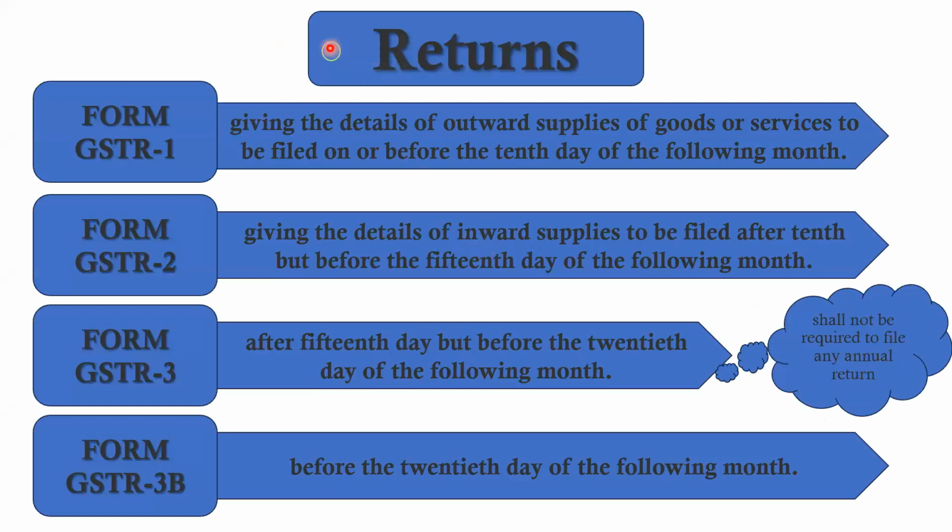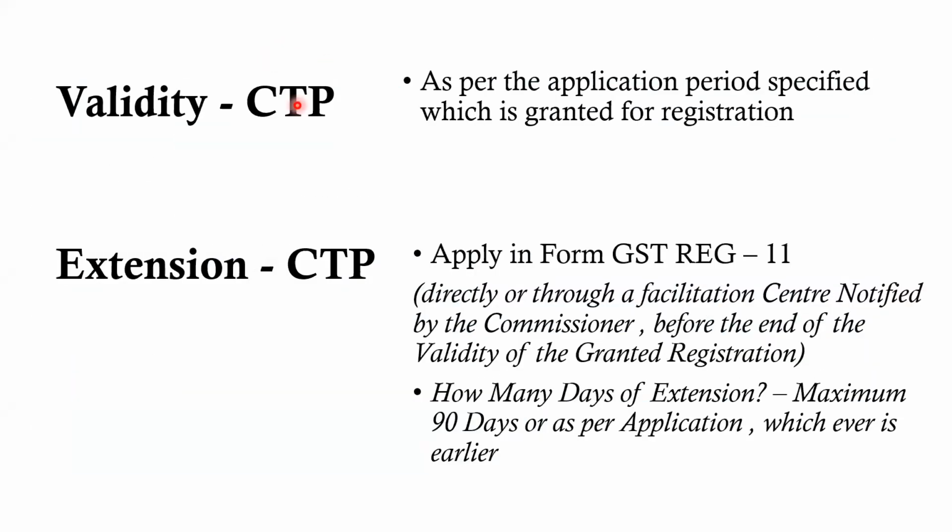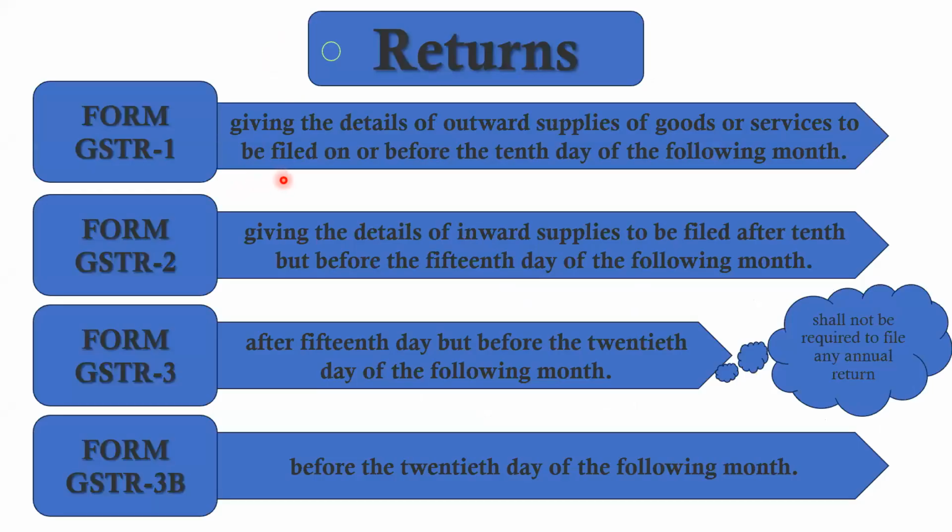So now regarding the returns, we will be discussing the returns for the casual taxable person here itself. Form 1, your GSTR-1, gives the details of the outward supplies of goods or services, which is to be filed on or before the 10th day of the following month.